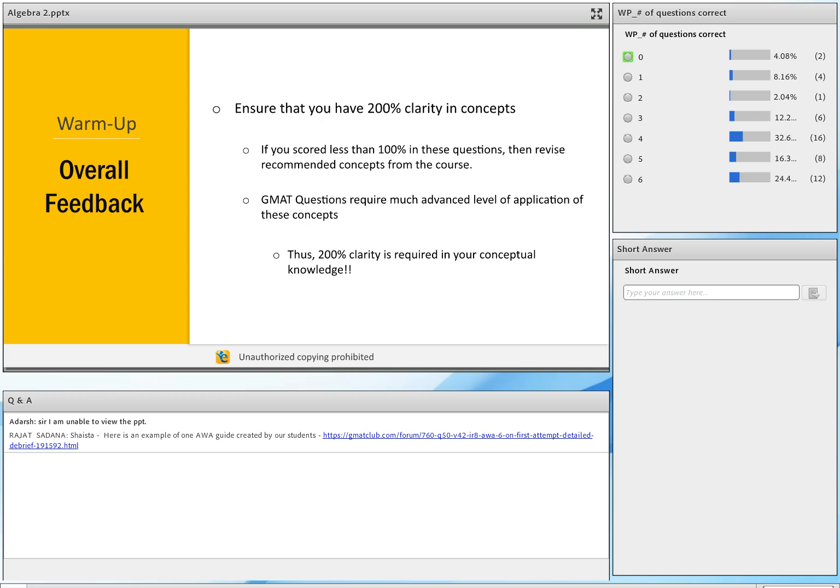And I don't just stop at 100% clarity. I want each one of you to have that 200% clarity. Why? Because if you don't understand the basic concepts, and if you're not comfortable to that degree while solving basic questions, when you see questions in which a higher order application is required, you will definitely falter.